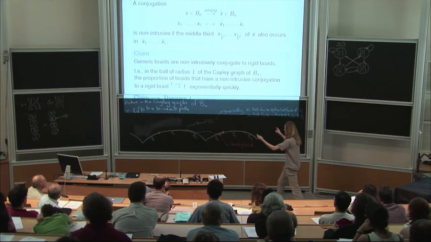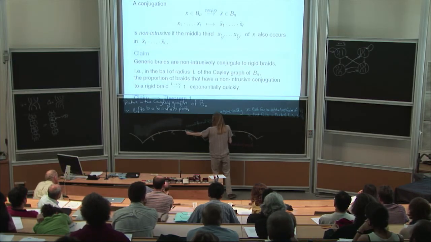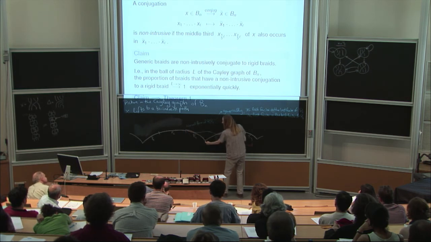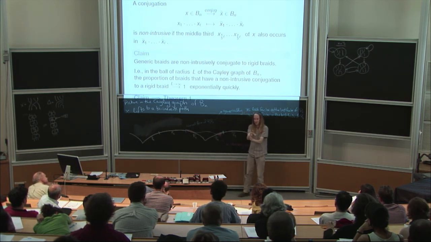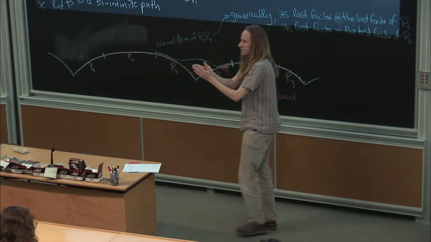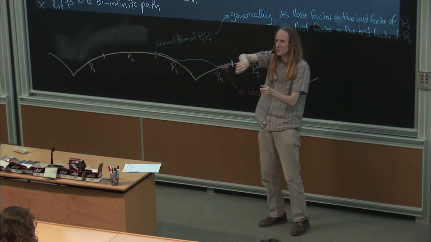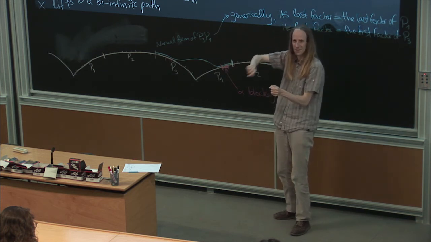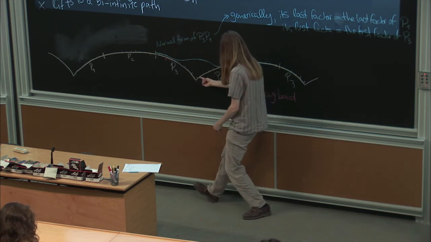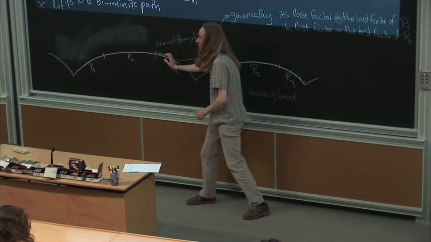So the way I think of this is you have this braid here, and somewhere in the middle of it, there's a point where it is not left-weighted. So you start applying your algorithm of pushing crossings back along the braid. So now some crossings of P1 will be eaten up by P3.